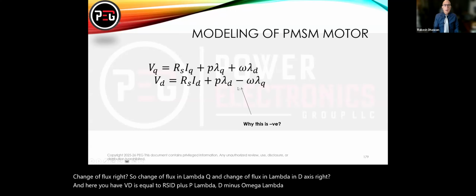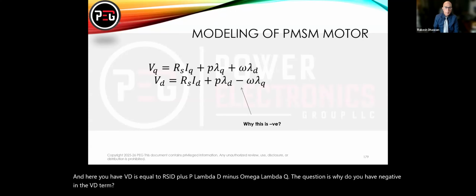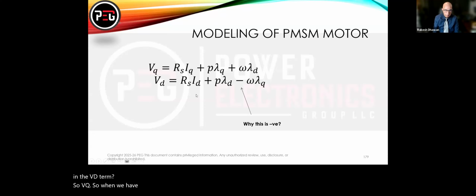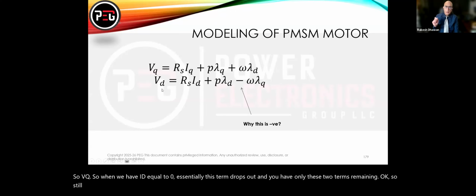And the question is, why do you have a negative in the VD term? When we have ID equal to 0, essentially this term drops out and you have only these two terms remaining. So although you're going to have ID equal to 0, your controller still has to generate some amount of voltage VD.